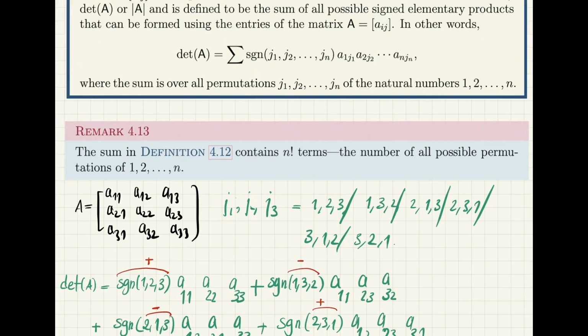One way to compare the efficiencies of different algorithms that are supposed to do the same task is to compare the number of operations, arithmetic operations, required for an algorithm. Okay, so this motivates the following definitions.